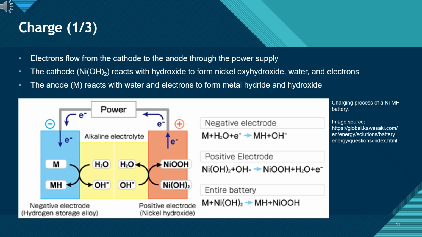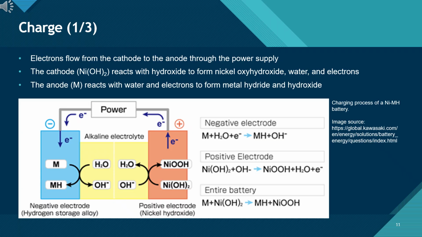Charge 1/3. This slide explains the charging process of a NiMH battery. During charging, electrons flow from the cathode to the anode through the external power supply. At the positive electrode, cathode, nickel hydroxide, Ni(OH)2, reacts with hydroxide ions to form nickel oxyhydroxide, NiOOH, water, and releases electrons.